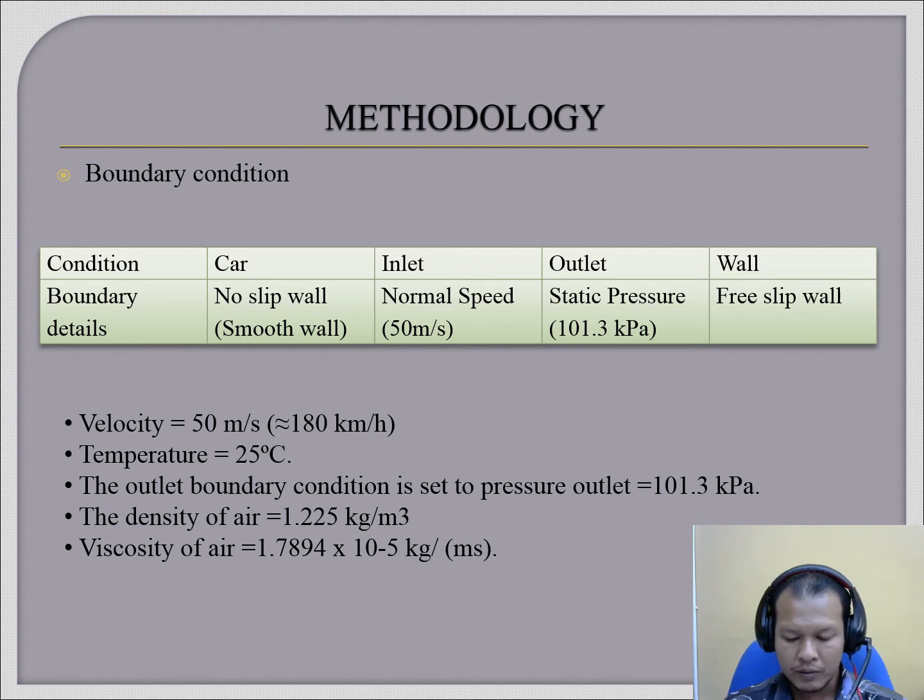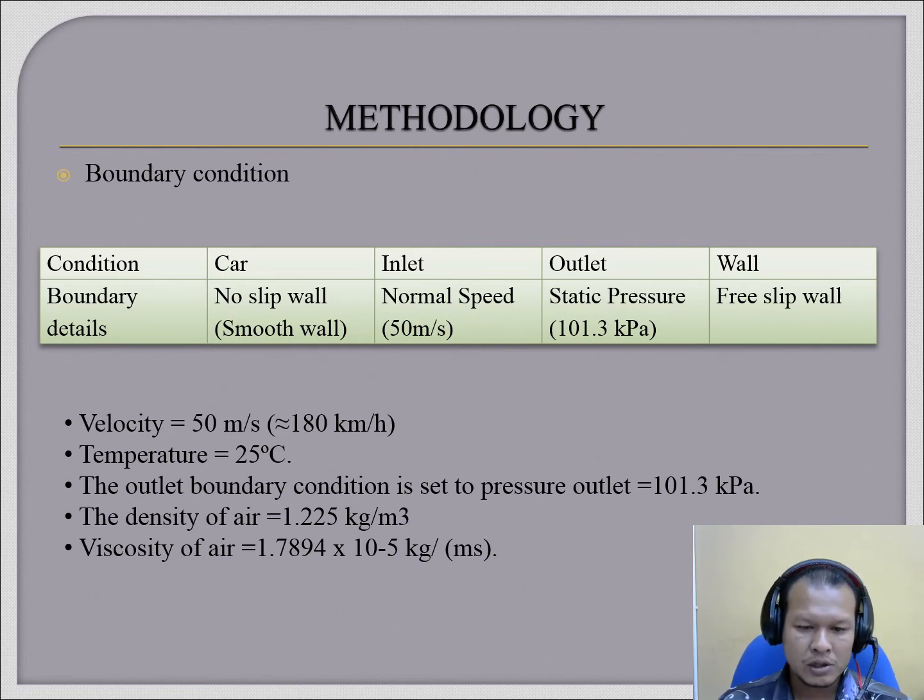The material of the fluid type is air at 25 degrees Celsius. The heat transfer is isothermal and the fluid temperature is 25 degrees Celsius. This analysis is focused on turbulent flow using the K epsilon option, and the velocity we set to 50 meters per second. The temperature is 25 degrees Celsius.